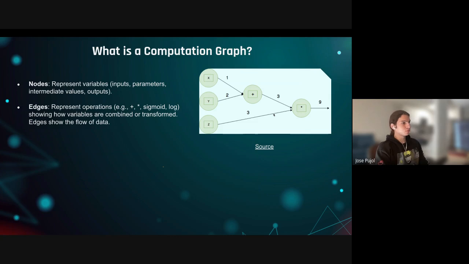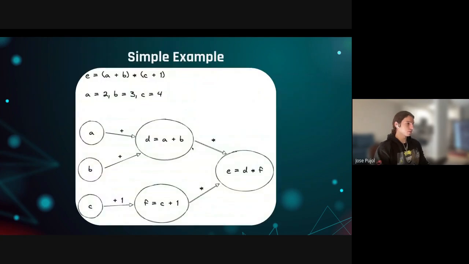So if X is 1, Y is 2, Z is 3, and you have X plus Y times Z, you calculate this first, so you get 3, and then 3 times 3 is 9. Let me show you with an example I drew out.